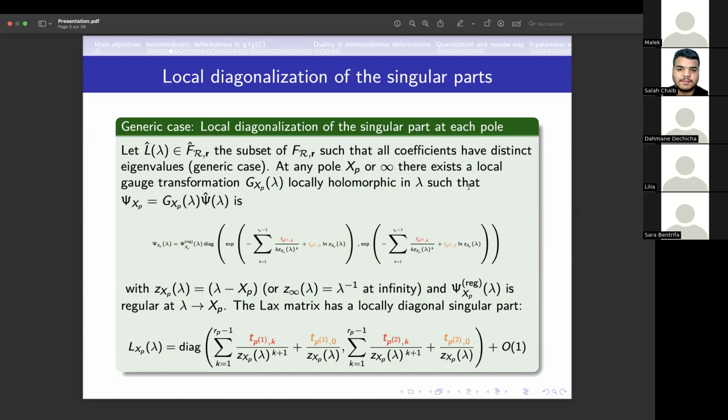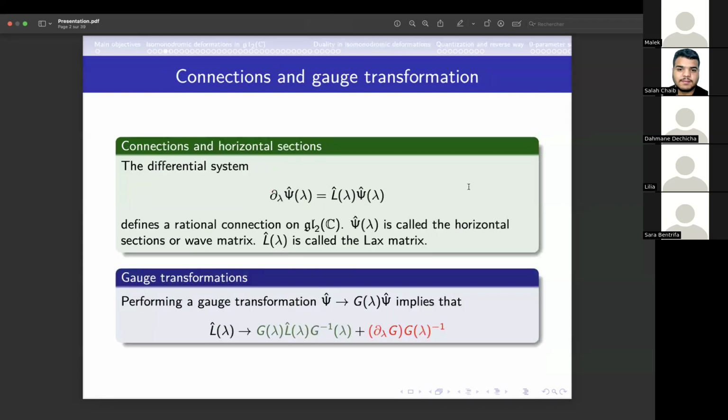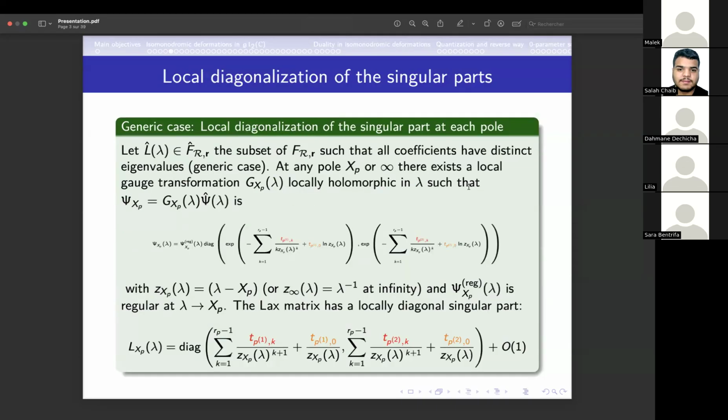With the local coordinate, as you can see, of z infinity of lambda. And psi regular is regular, of course, this is why there is a reg on top. Upon this, we can get the form of this G infinity, the G xp of lambda, and we can act with it through the gauge transformation from before. We can get the form of the Lax matrix around each pole. This gives us a set of coefficients, the TP, which are literally the residues of the matrices at these points.